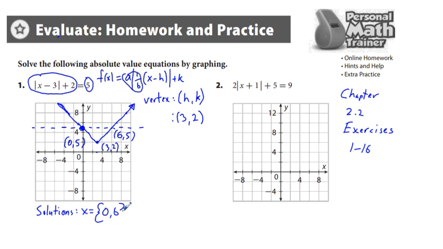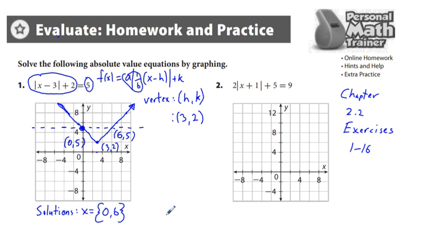To test our answer, we can put 0 or 6 in here and see what happens. If we put 0 in for x, we're going to have 0 minus 3, but this negative 3 will be turned positive, so we'll have 3 plus 2 equals 5, check. And if we let x equal 6, we have 6 minus 3, which equals 3, and 3 plus 2 equals 5.